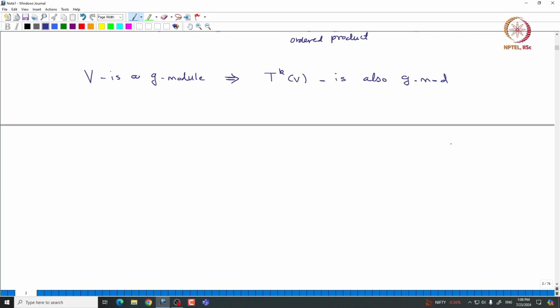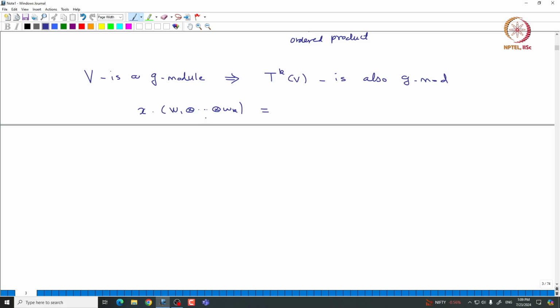So, how the G action is defined on the k-th tensor is again by derivation. So, if I take x and then if we take some k-tensor, again it is enough to define it on the simple tensors, and then you can extend linearly to all the elements of Tk of V, because it is spanned by the simple tensors.